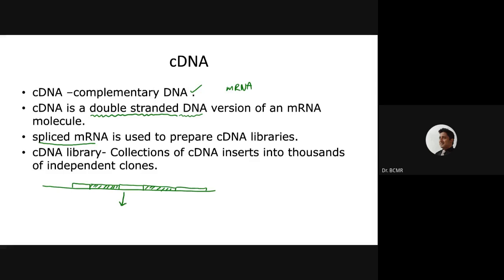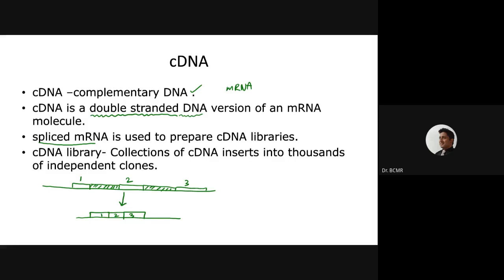This is exon 1, exon 2, and exon 3. These three exons will fuse. Splicing means attachment or joining of exons. So you will get a mature mRNA that has the three exons like this.